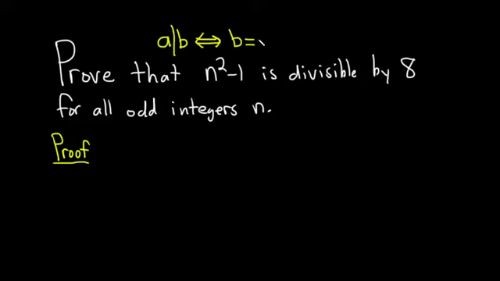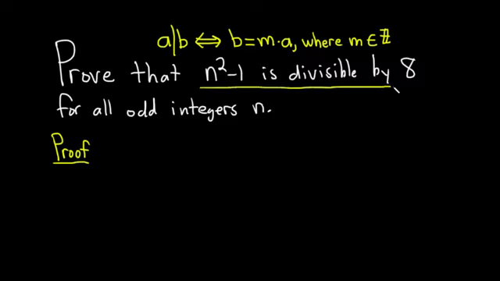So b is equal to some integer m times a, where m is an element of the set of integers. So here, n squared minus 1 is divisible by 8 means that n squared minus 1 is a multiple of 8. Let's go ahead and go through the proof.